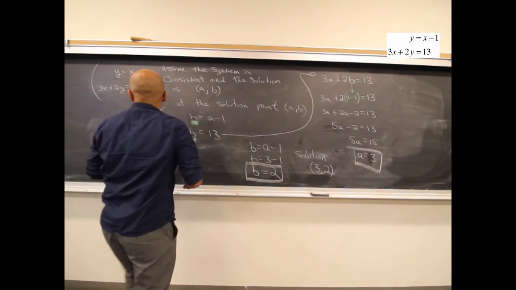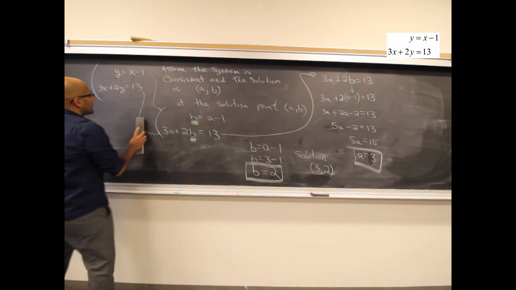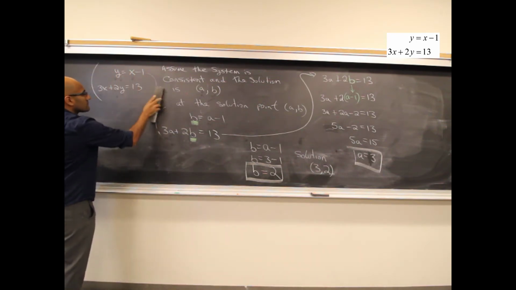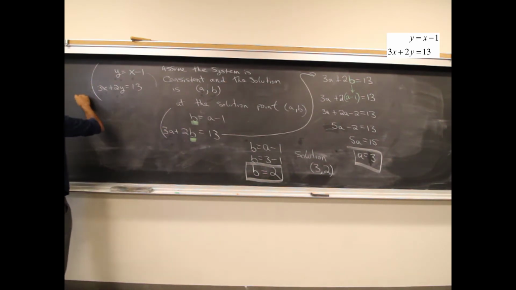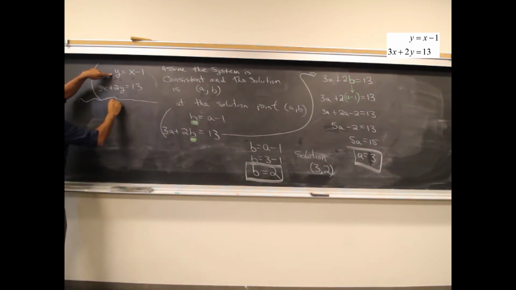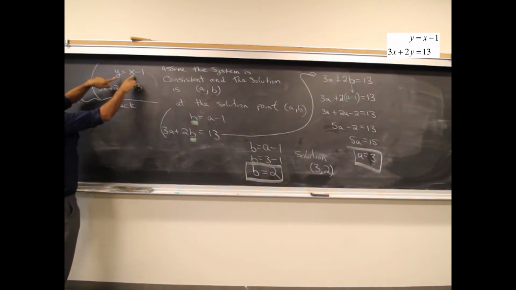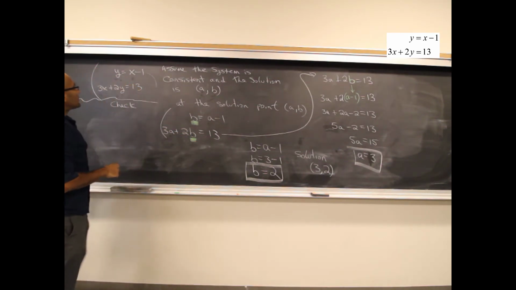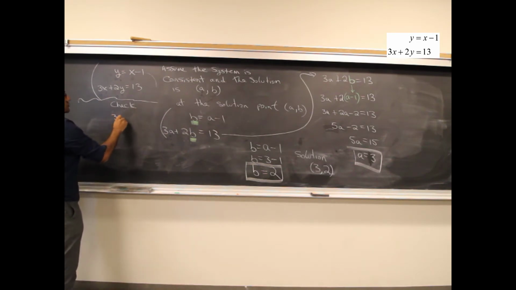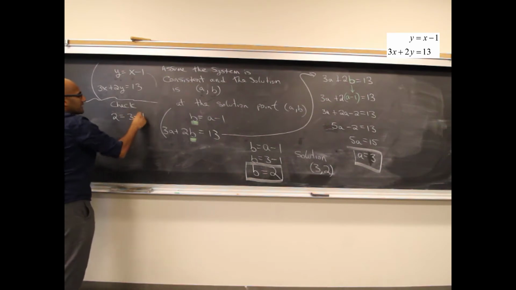To check it, we have to go back to the original equations over here. Let's make some room here. If I replace the x and the y with this ordered pair, I should get two true statements. Is it true that 2 equals 3 minus 1?